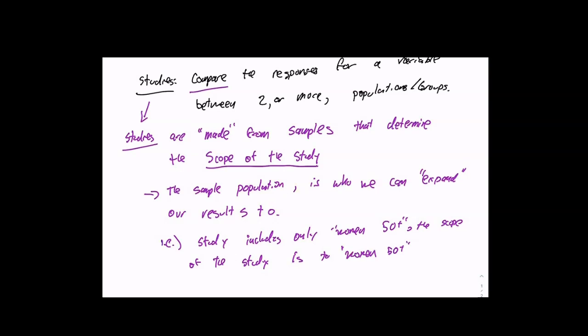So they weren't included in the study. So you can't expand. You can't say that the results that were true for everybody else in the study are also true for pregnant women.